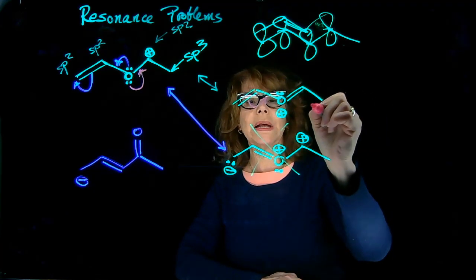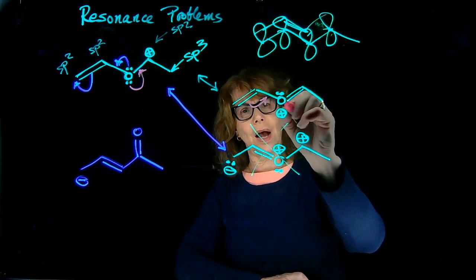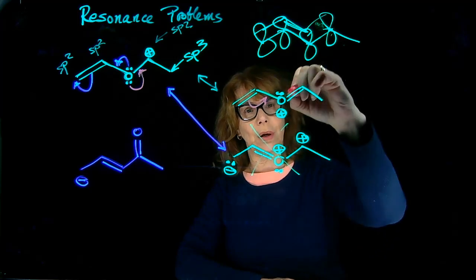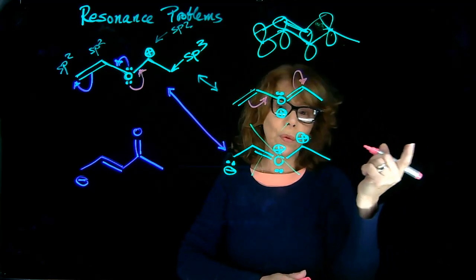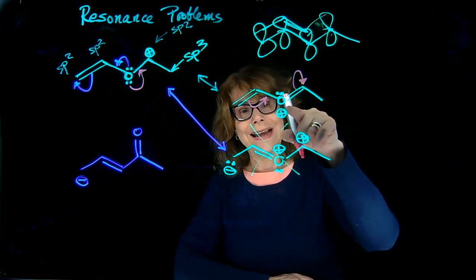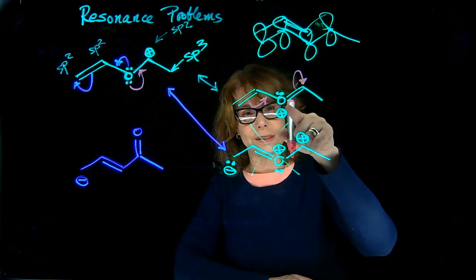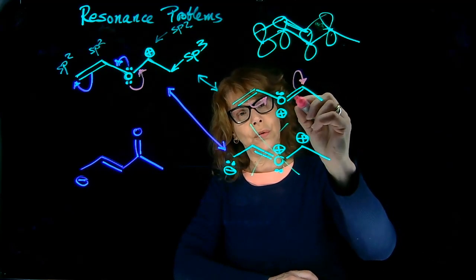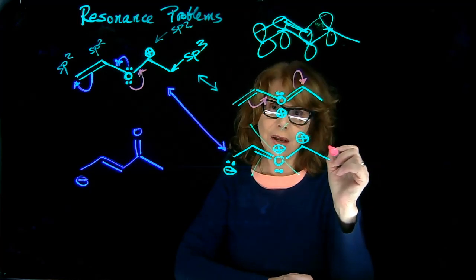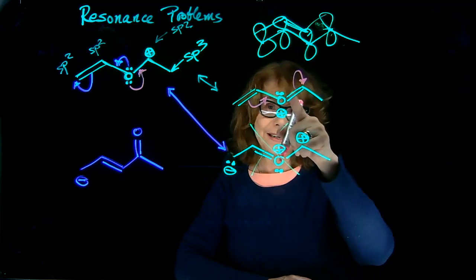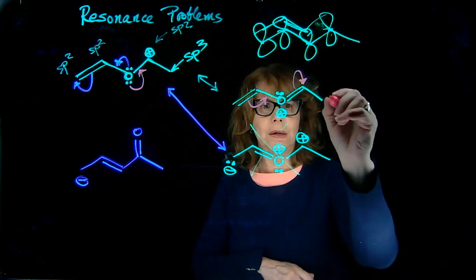If you do that, here, octet, you have way too many bonds, so I'm going to have to do this, because you don't want to be expanding the octet. In this structure, the octet is complete for oxygen. Notice that you have 2, 4, 6, 8 electrons. If I move those electrons over, I need to move those as well.